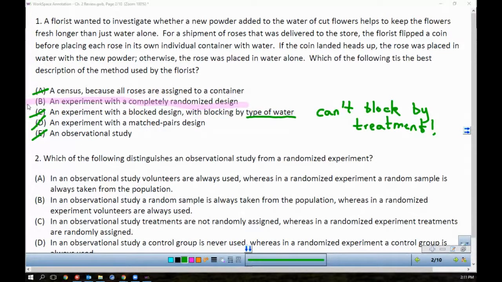Okay. Number 2, which of the following distinguishes an observational study from a randomized experiment? Now, the key on questions like this, when you read the answer choices and they say always used or never used, try to play the devil's advocate.